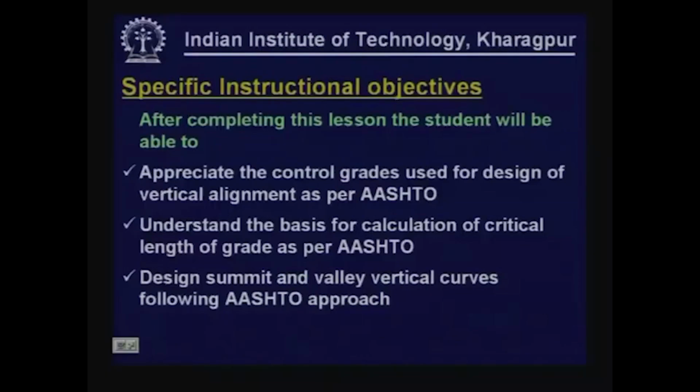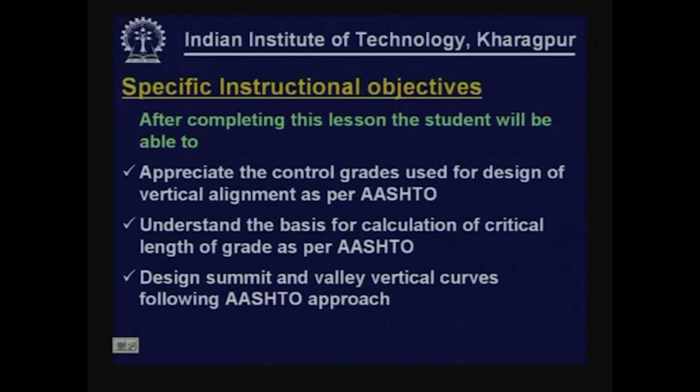After completing today's lesson, the student will be able to appreciate the control grades used for design of vertical alignment as per AASHTO, American Association of State Highway and Transportation Officials. The student will be able to understand the basis for calculation of critical length of grade, again as per the AASHTO approach, and will be able to design summit and valley vertical curves following the AASHTO approach.